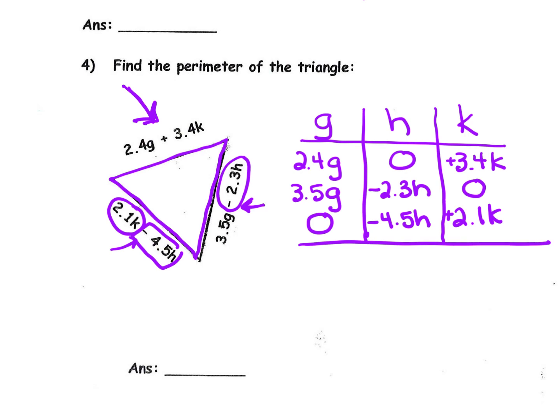Now draw a line and term combine. On your own, you need to term combine the following terms. Use your calculator and pause your video, but when you're ready, turn your video back on to check your work. Please pause your video right now.